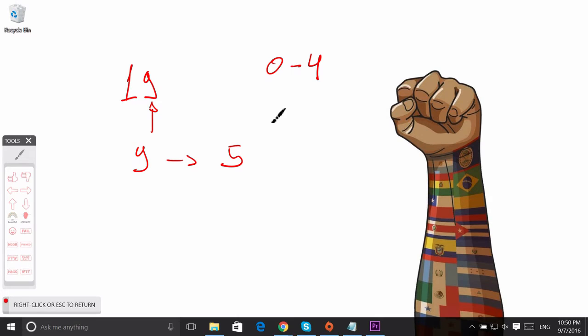But 41 could be a base 10 number and also a base 5 number, because in base 10 we can build numbers from the digits 0 to 9, and in base 5 we can build a number from digits 0 to 4, and this is the case.